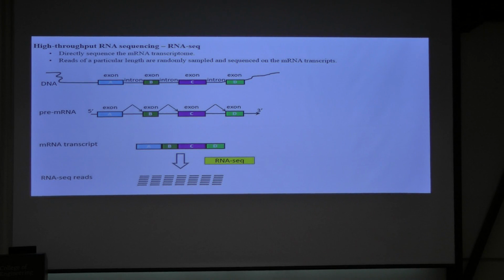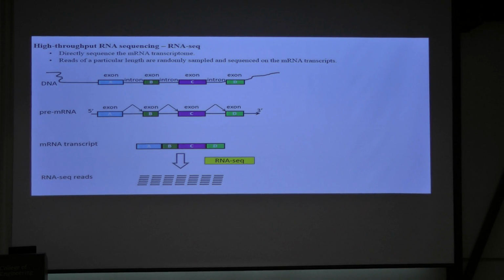Of course, besides this, which is called alternative splicing, there will also be allelic differences, which are changes in the ACGT, right? That would also cause differences in protein.